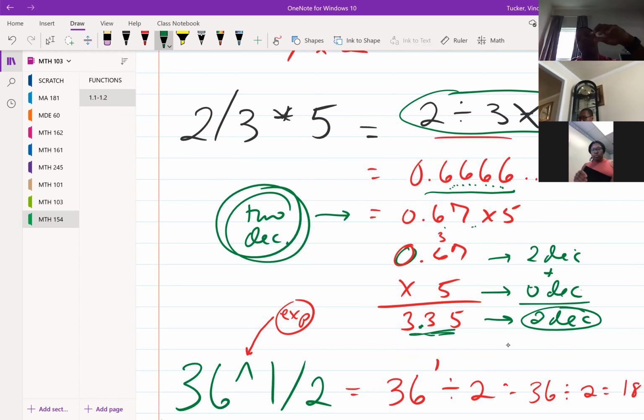And so you can always go back, like I said, and check it in the calculator. Now, if you do this one in the calculator, you will get 3.33 because the calculator is more accurate. I have no way of multiplying 5 times 0.6 to infinity, but the calculator does its job in that regard. So the 3.35 should be good enough because that's what they asked for, the 2 decimal places.